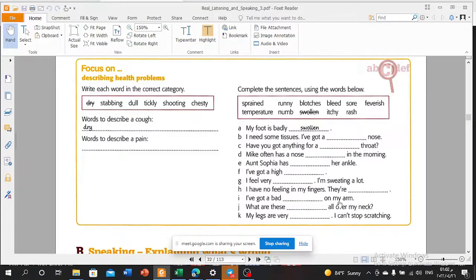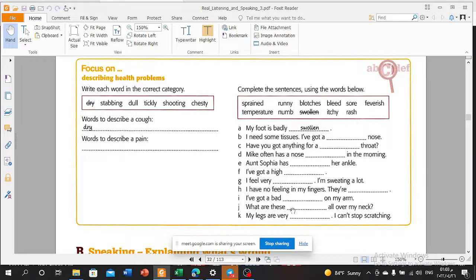I've got a bad rash on my arm. Rash is something related to problems with the skin, some skin problems. What are these blotches all over my neck?